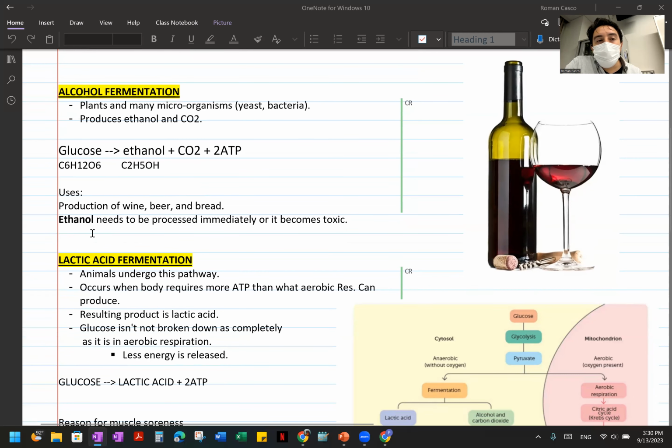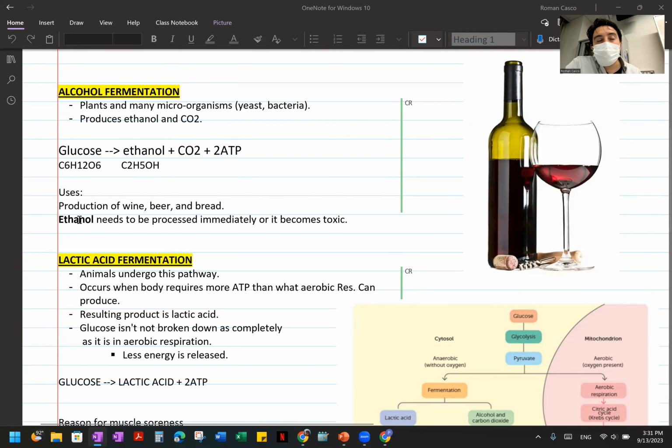But organisms really can't rely on this anaerobic respiration for too long, because ethanol, if it starts accumulating too much in the body or in cells individually, can become toxic for the cell. So the cell could actually kill itself, so to say.